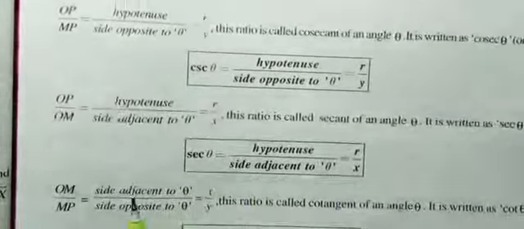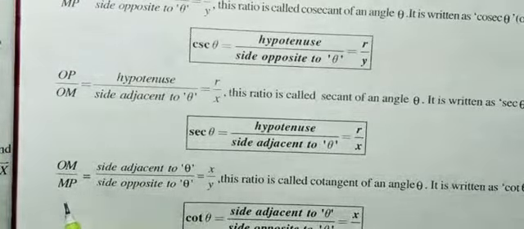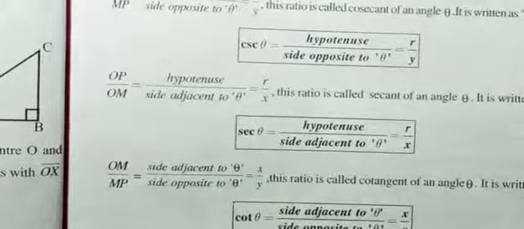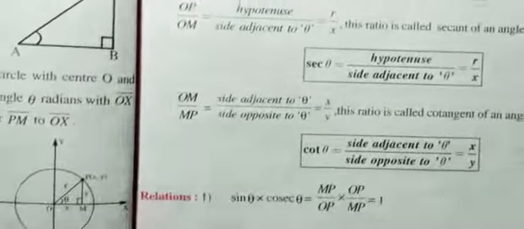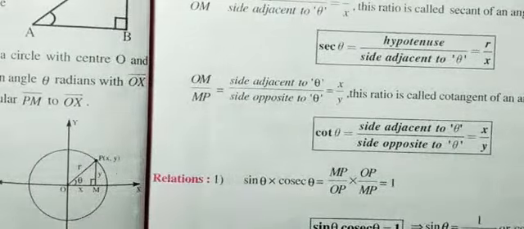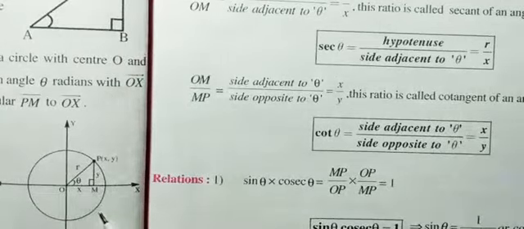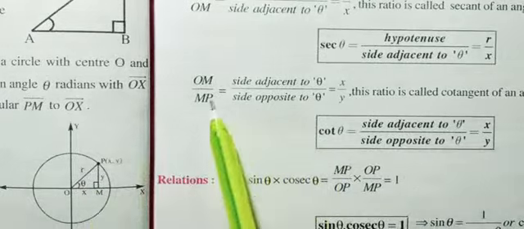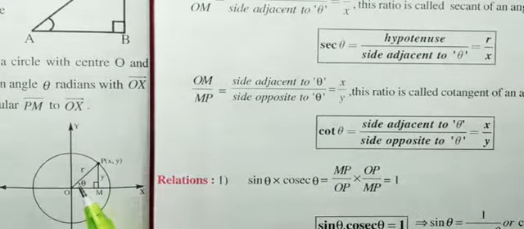Next move to OM by MP from the similar figure. Now let us take the figure once again. The figure is given here. So this is the figure. So this is OM by MP, OM divided by MP. Understood that?